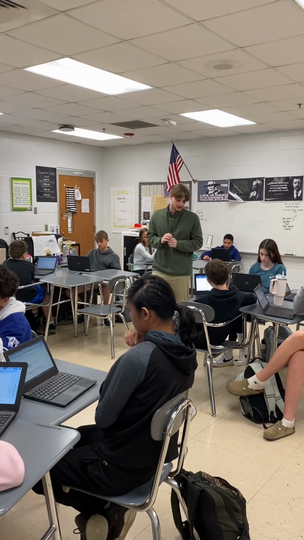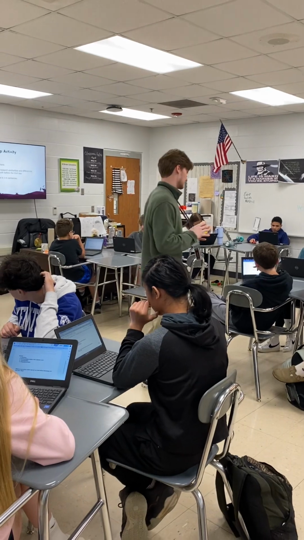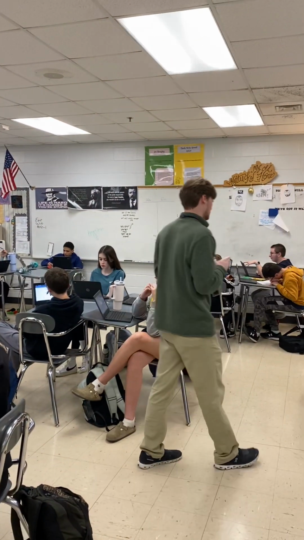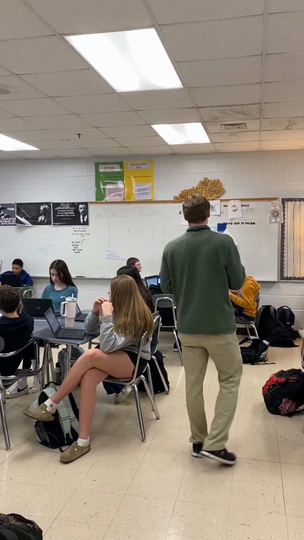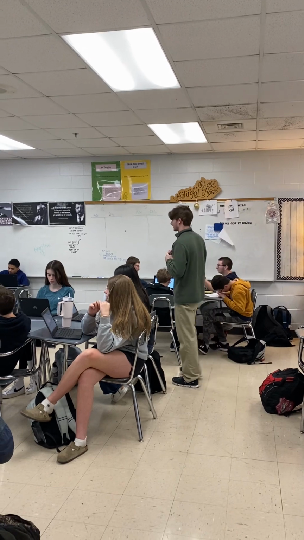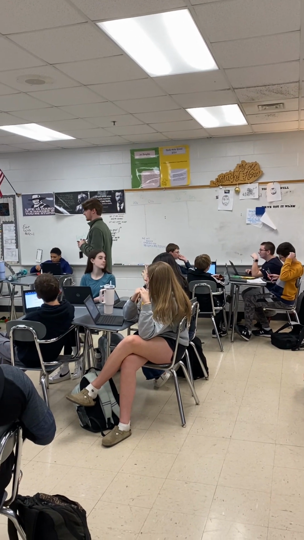Each of y'all are gonna have your own separate group that you're gonna compare and contrast North and the South. So one of you in your group is gonna be economy. So you're gonna compare and contrast the North and the South economy. And another person's gonna be environment, climate. So you're gonna compare and contrast environment, climate, from the North and the South.